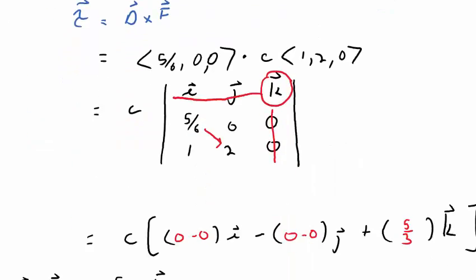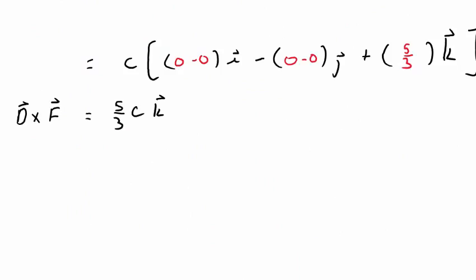Okay, so let's take the magnitude of this. It's really easy to take the magnitude of a vector with one non-zero component. So D cross F, magnitude. If you think about it real hard, you'll just get 5/3 times C. Absolute value of C technically, but we know C is positive.